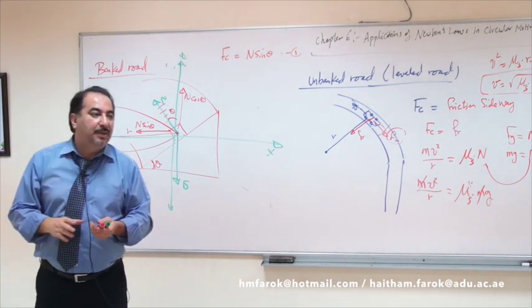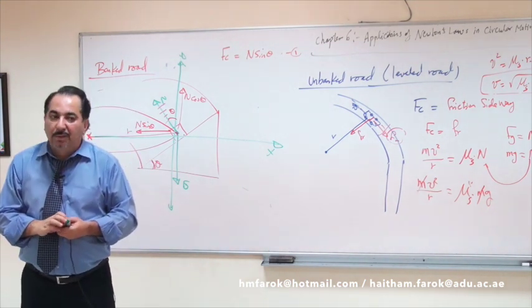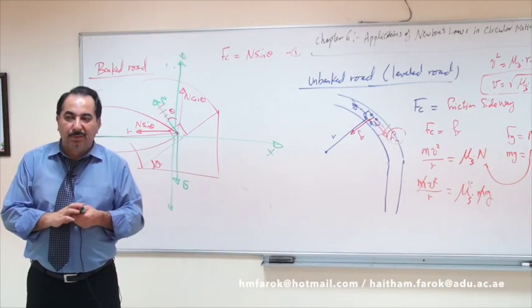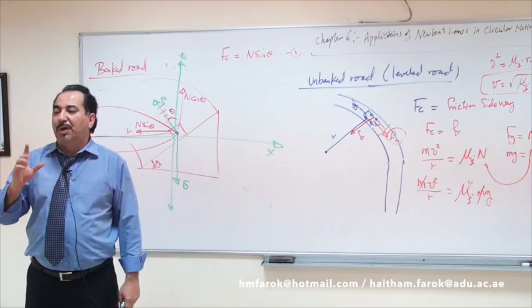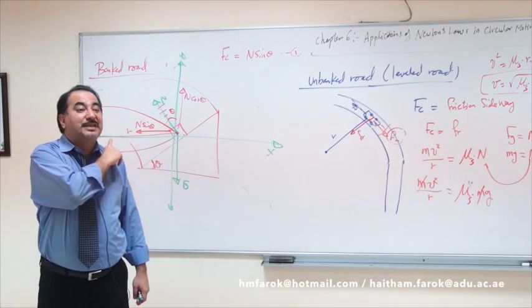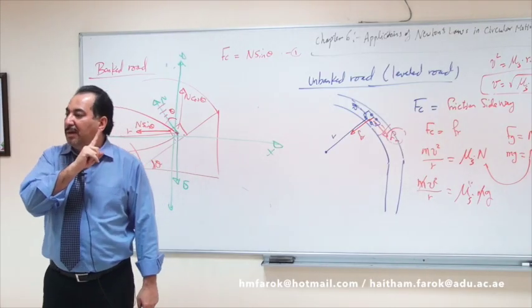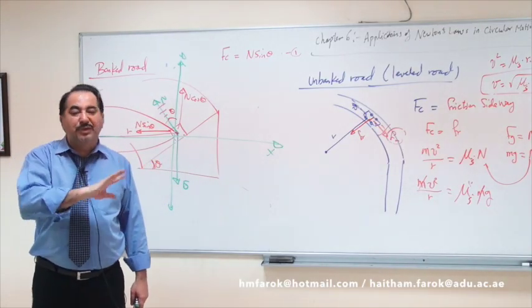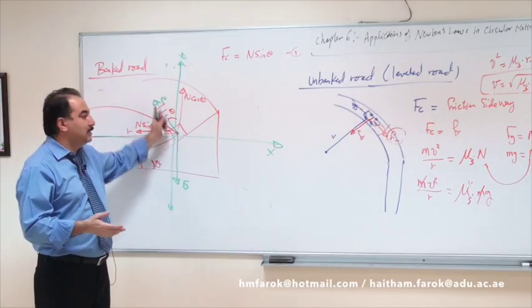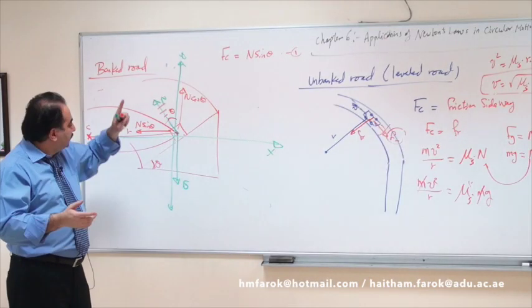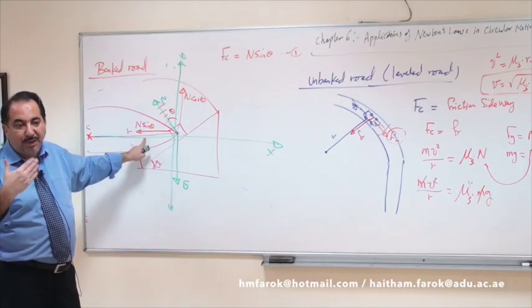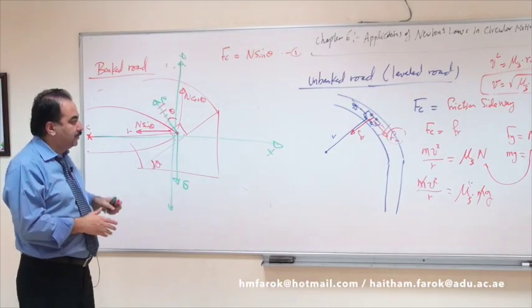What would your answer be? Name the force. If you say just component, it is wrong. The horizontal component of the normal force. If you say normal force, it is wrong as well. Normal force is not in the direction of the radius.